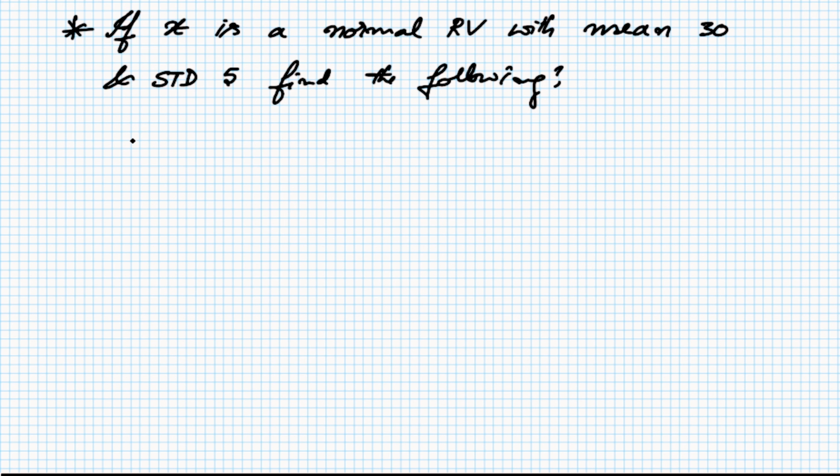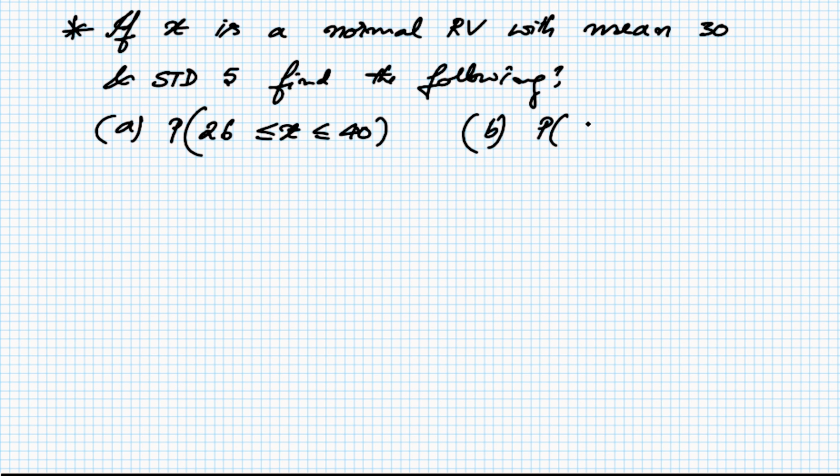Part A of the question: probability that 26 is less than or equal to x less than or equal to 40. And part B of the question: find the probability that x is greater than or equal to 45.